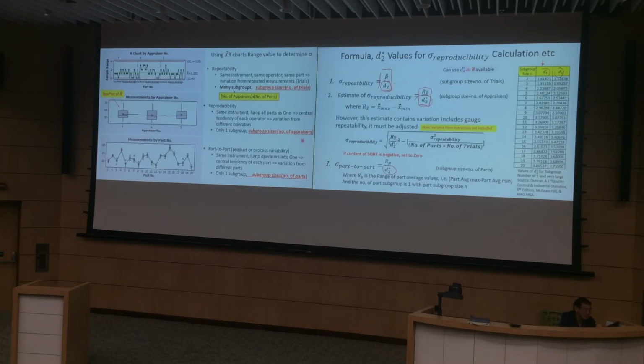And for instance, if the subgroup number is less than 20 or something like that, it's 16 in the table we have. We can also use this D2 asterisk here if you want to. It's more accurate, but for our purpose, we can use D2 if the group size is big enough.